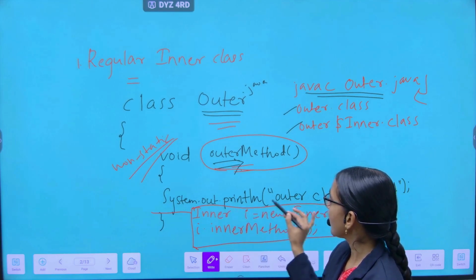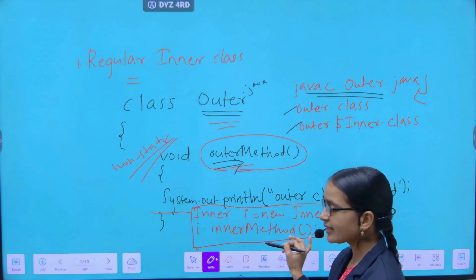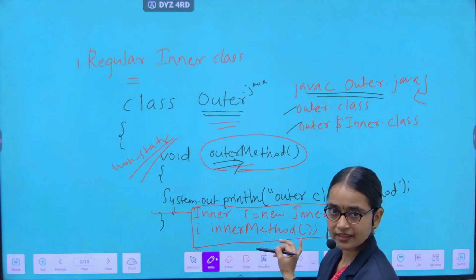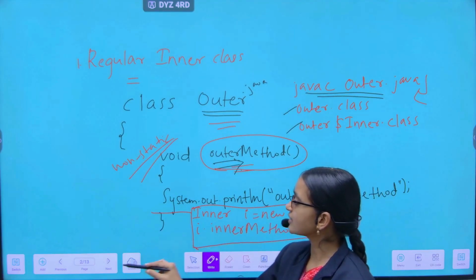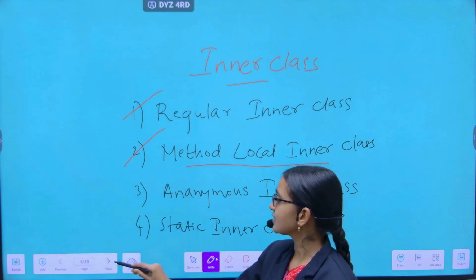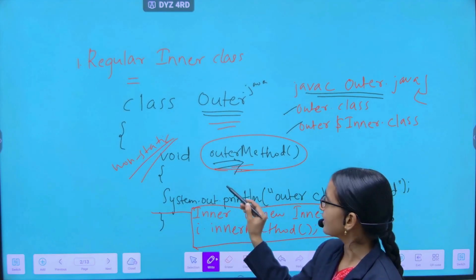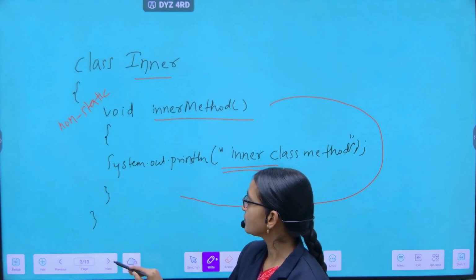Till now, we have used a simple line of statement and we have taken the instance of the inner class, right? But in the case of the second scenario, that is method local inner class, this is implemented inside the method. So I'm writing the code again.